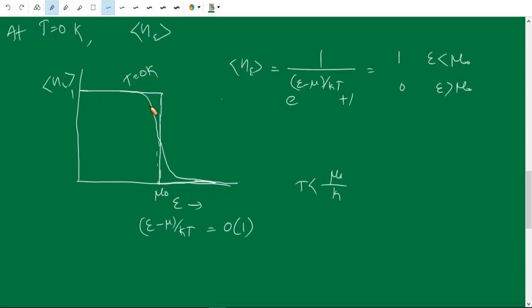Therefore we can say that the thermal excitation of the particles in the Fermi system occurs in a very narrow range of energy.